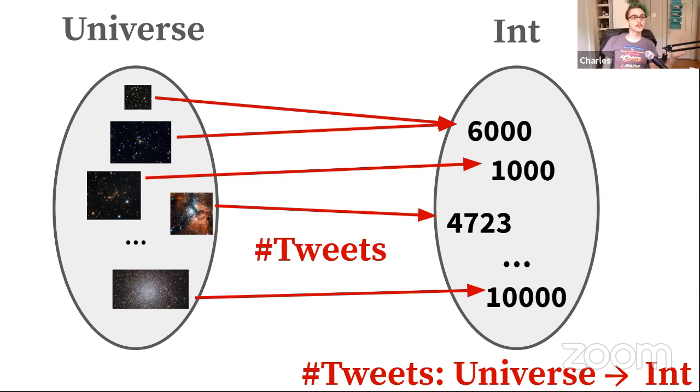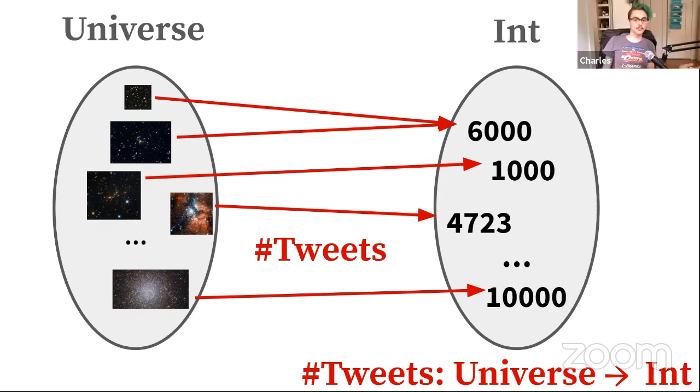In the case of the number of tweets in the next millisecond, it's a function that takes in a universe and returns an integer. That's written in the bottom right-hand corner in this sort of type notation. Number of tweets is a function that goes from universes to integers.